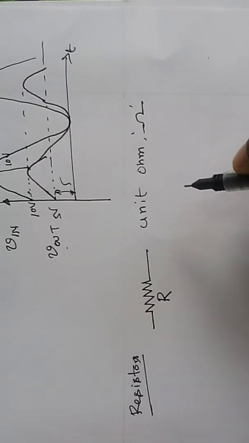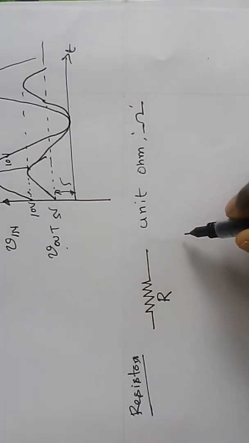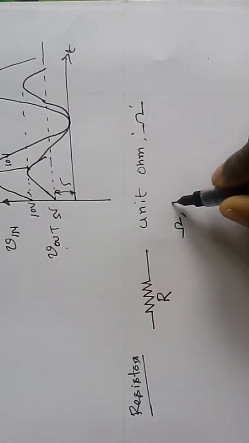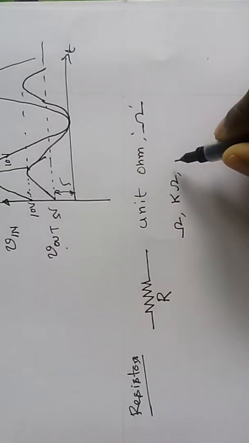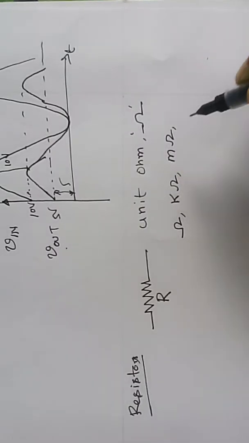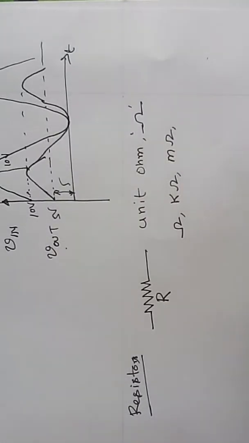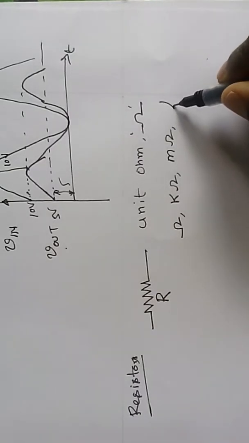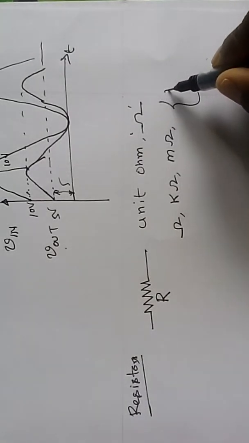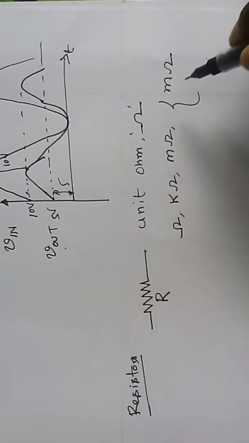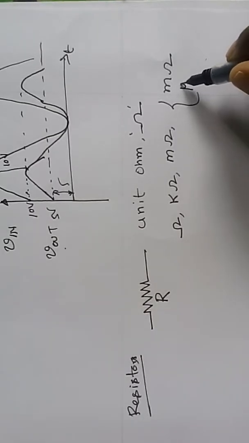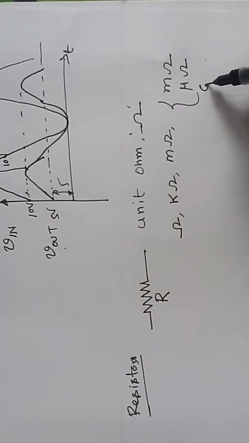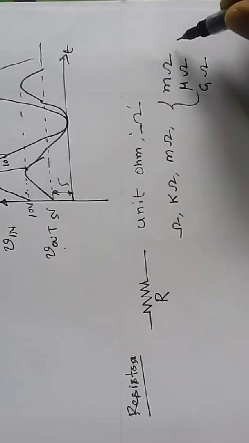Usually the resistor values start from ohms, kilo ohms, and mega ohms, that's all. So we will not have resistance in terms of milli ohms. There is nothing like a micro ohm resistor, nothing like a giga ohm resistor.